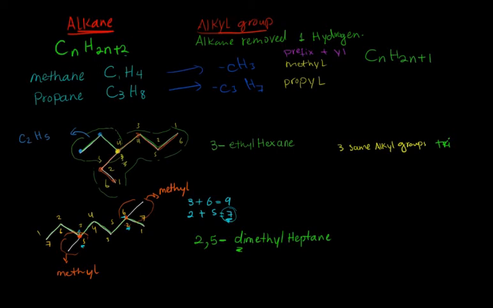But if we have 4 same alkyl groups, it will be tetra, and so on. 5 will be penta, then 6 will be hexa, like this. Alright?